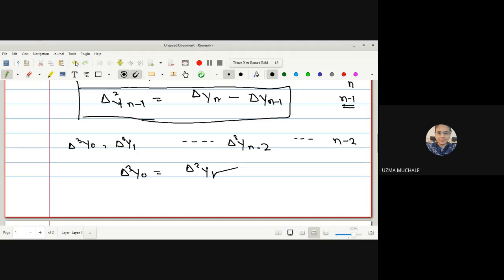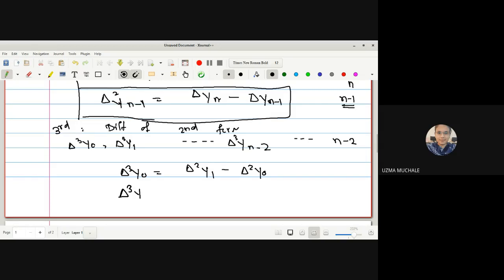Okay. So now let us write down the formula for delta cube y naught. It will be delta square y1 minus delta square y naught, that is, the difference of second differences. What will be the third order difference? The third order difference is nothing but the difference of second order forward differences. These are second order forward differences, and the difference between them is your third order difference.